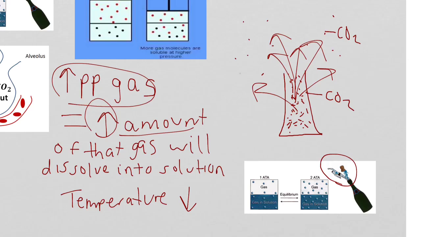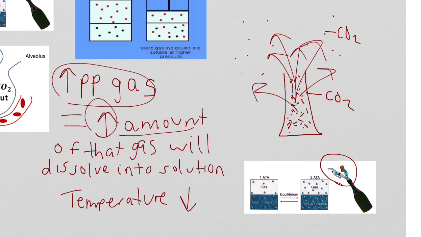Think of it, not an explosion, but it needs to recreate that equilibrium. It says, hey, we need to make that equilibrium, so let's go. So that dissolved nitrogen comes out of solution and into the gas phase so that it can reach equilibrium faster. And that's what decompression sickness is.